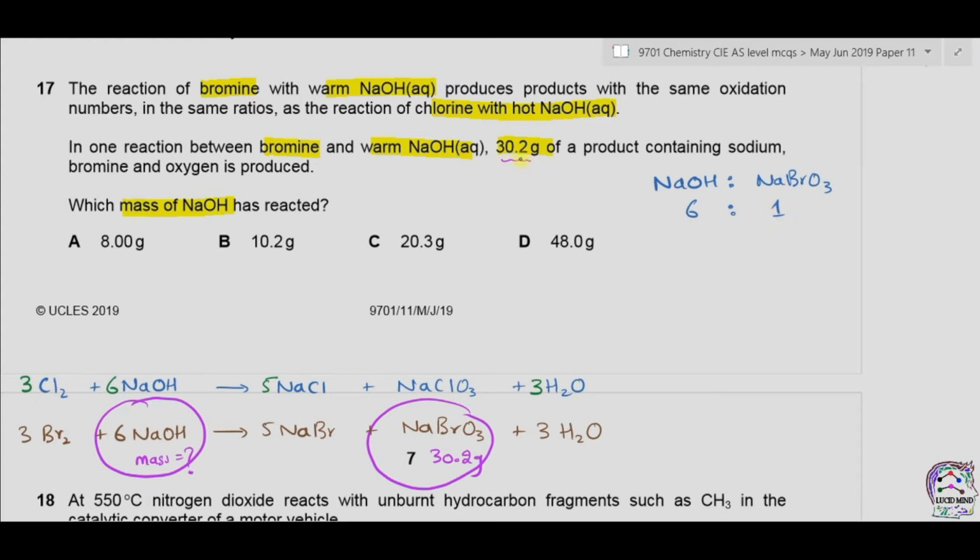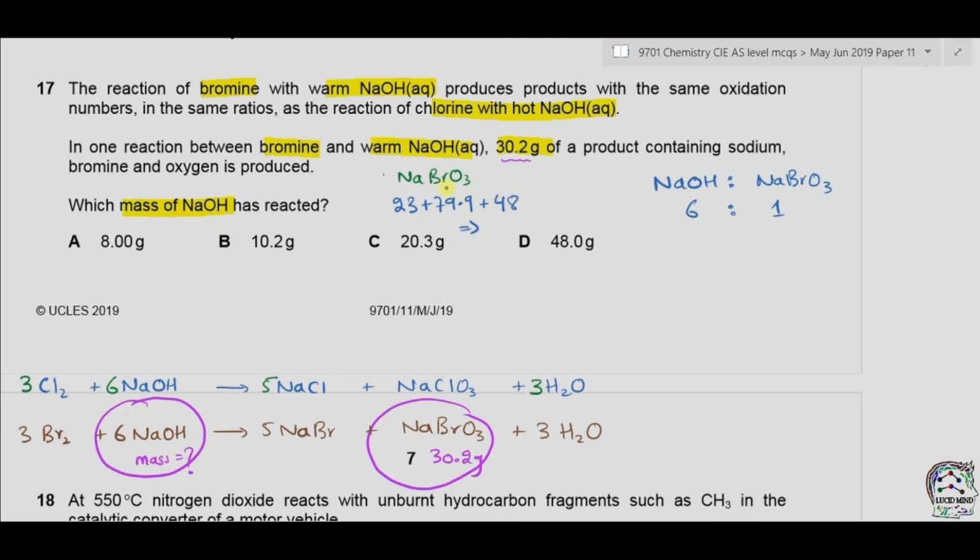Let's find the number of moles given in the question. So we have mass which is given as 30.2, and the molecular mass of NaBrO3 will be 23 for sodium, 79.9 for bromine, and for 1 oxygen it is 16, so for 3 oxygen it will be 48.